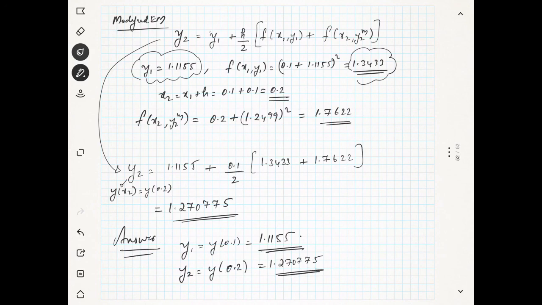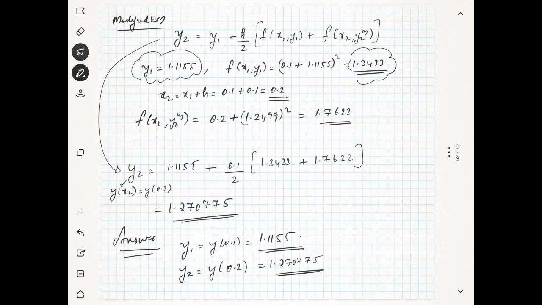So this is about the modified Euler's method. What you have to note is that in modified Euler's method, you will first find the new value, that means the new x1 and y1, by using x0 and y0. After that, you will find the slope at x1 y1, and also you have the slope at x0 y0, that means your current point.